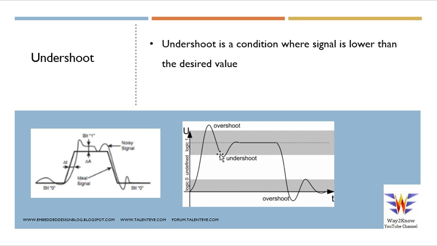So it meant undershoot could cause variation in the bits that is read by the receiver, which is definitely not desirable, as we have to have a channel which has all the bits that are being read without any issues.